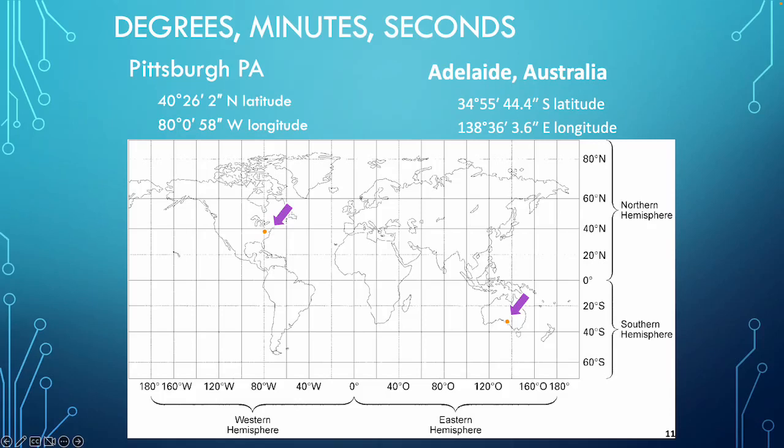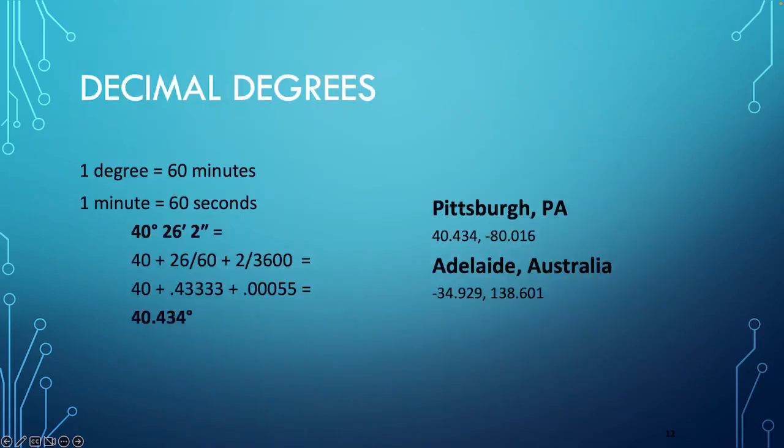Okay, good. All right. So let's look at this. While degrees, minutes, and seconds are commonly used, they're actually kind of awkward because they're 3 separate numbers.